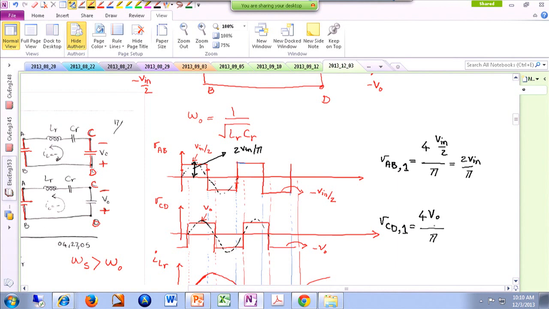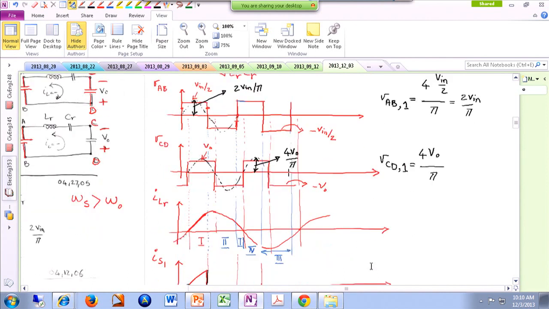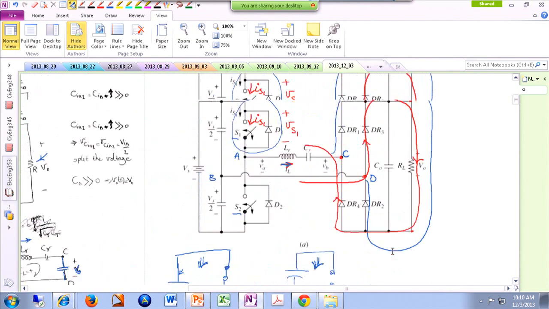All right. So we have the amplitude on the input side. We have the amplitude on the output side. The other thing that we can argue is ILR is almost sinusoidal, and what happens is we are rectifying ILR.